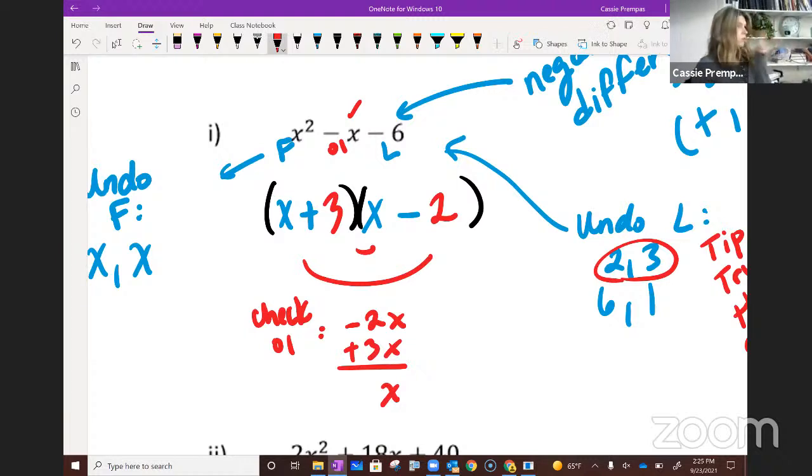Here's tip number 2. If it's just the opposite of what you want, switch your plus and minus sign. So go ahead and write that as tip number 2.